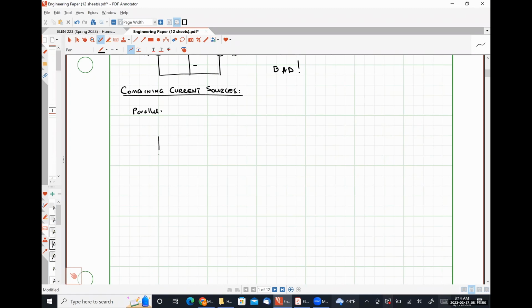So let's say that I have some current source IS1 directed up in parallel with some resistance, in parallel with some current source IS2 directed up, in parallel with some current source IS3 directed down. And for the sake of argument, let's say that my resistor current IR has a direction down.